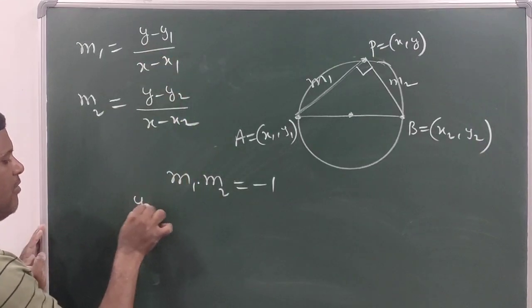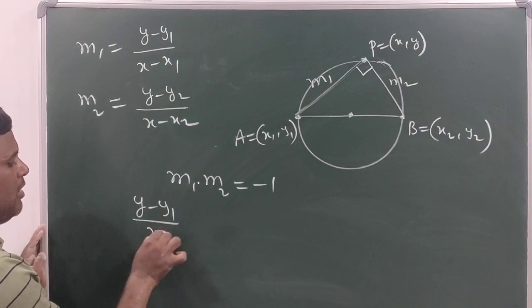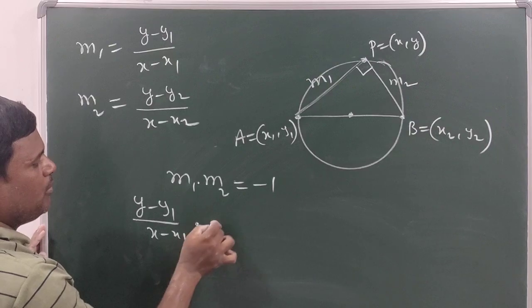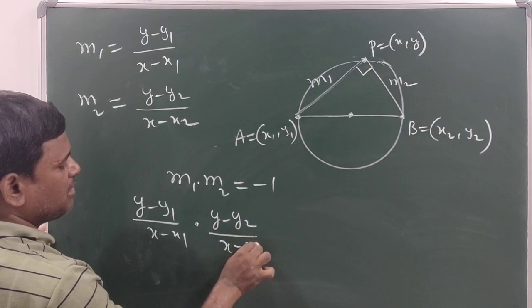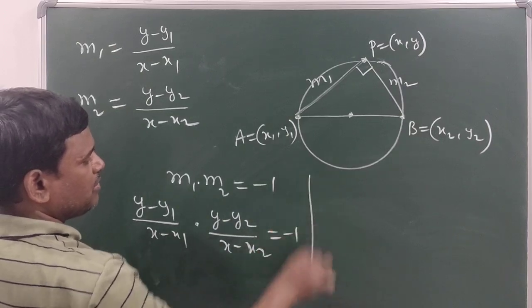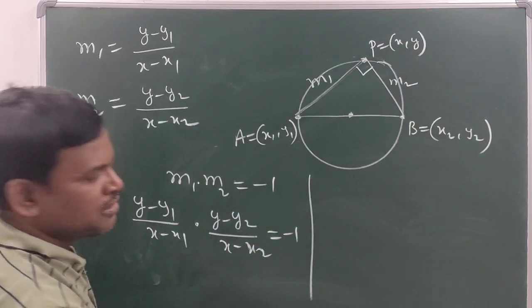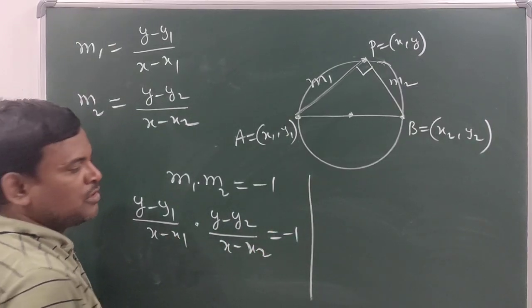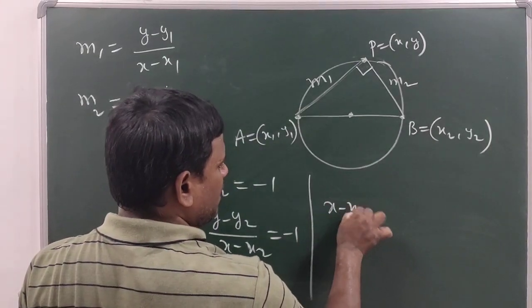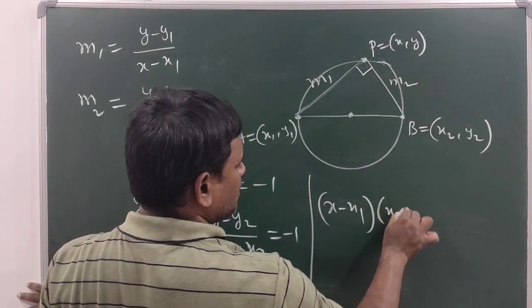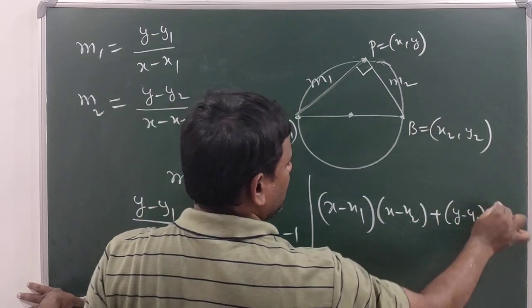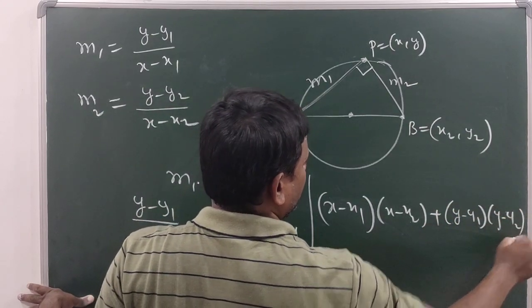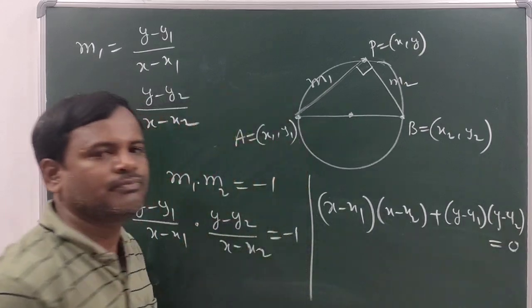Now write here y minus y1 by x minus x1 into y minus y2 by x minus x2, which is equal to minus 1. Now simplify this. On simplifying this, you will get x minus x1 into x minus x2 plus y minus y1 into y minus y2, which is equal to 0.